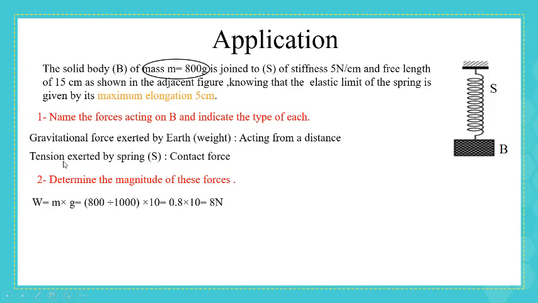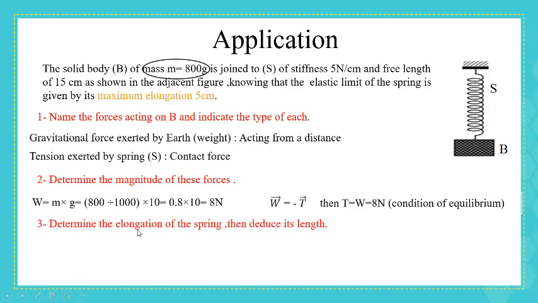How can I find the tension? It's from the condition of equilibrium, where W in a vector relationship is equal to minus T, minus tension in vector. Then T is equal to the weight, equal to 8 Newton, by applying the condition of equilibrium.